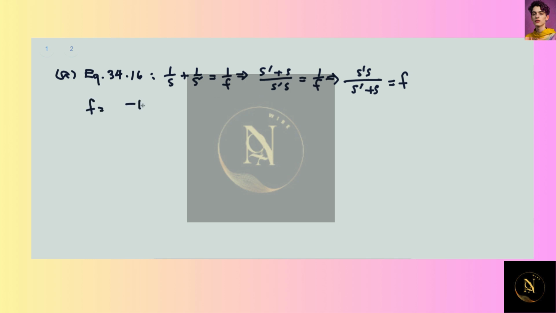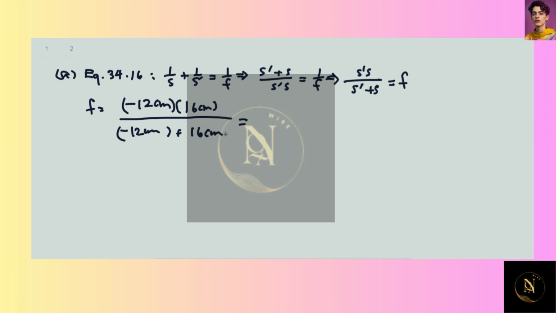So S prime is negative 12 centimeters, S is 16 centimeters, again divided by negative 12 centimeters plus 16 centimeters.